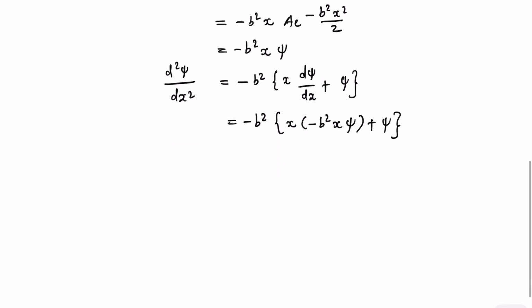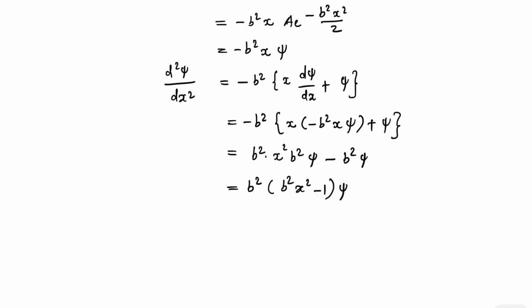So the second derivative of psi becomes minus b squared x into minus b squared x psi, then again minus b squared psi, which is equal to b squared into b squared x squared minus 1 into psi. We can write it like that. Let it be our equation number 2.